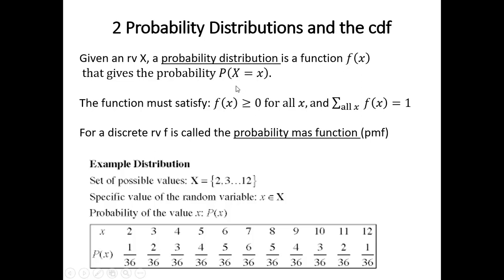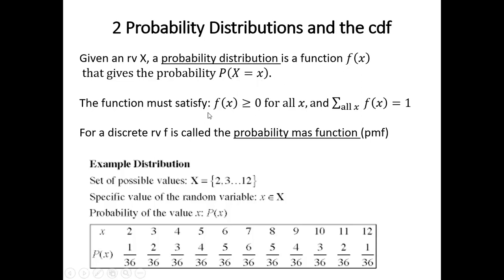So you can see there's a bit of a convention here. Capital X is used to represent the random variable, and the lowercase values of x you should think of as specific cases of the random variable.